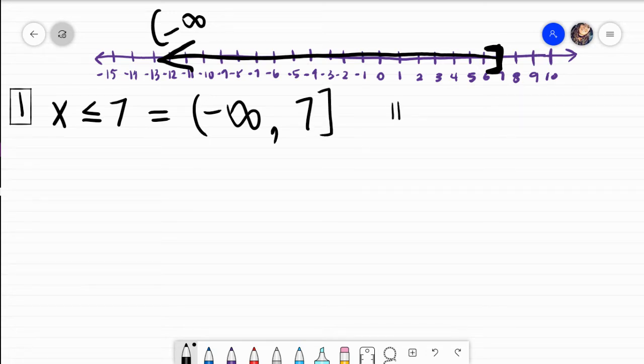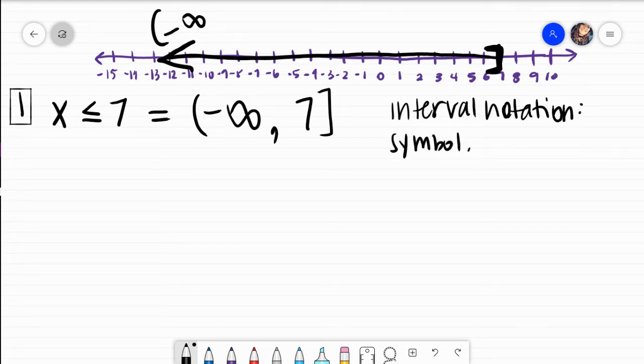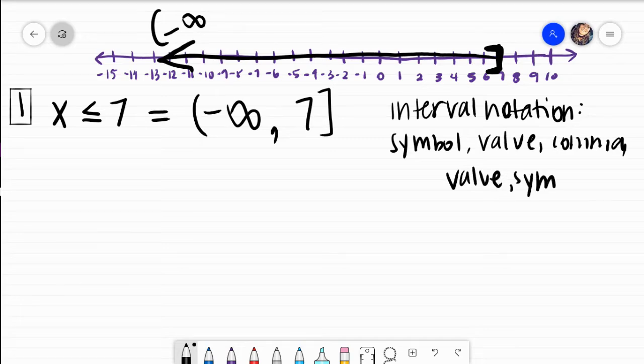So my interval notation will be written symbol, value, comma, value, symbol.